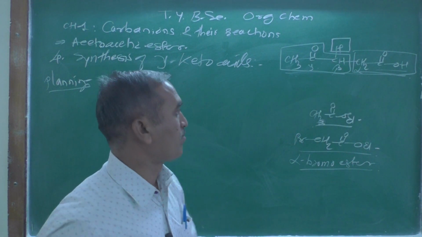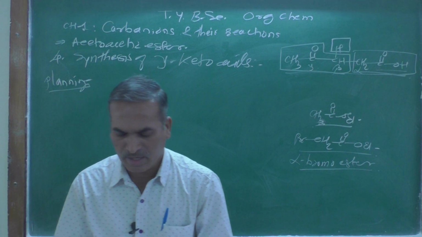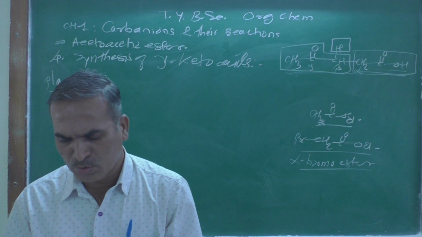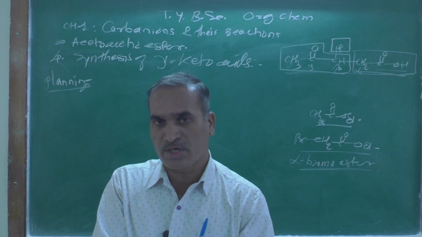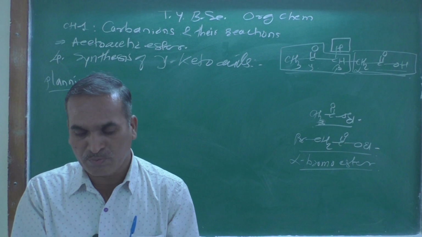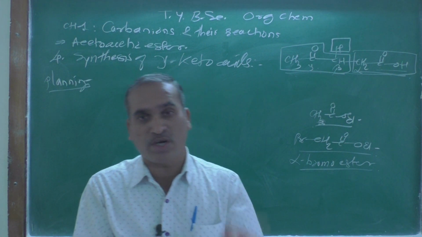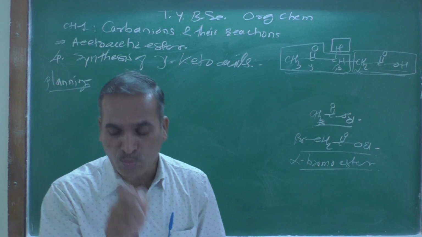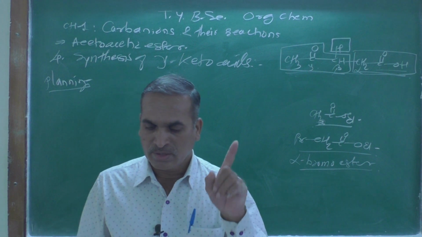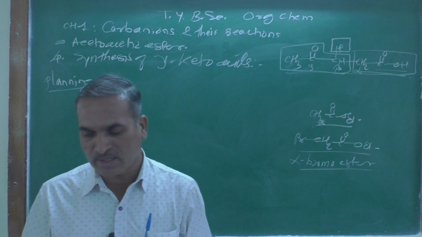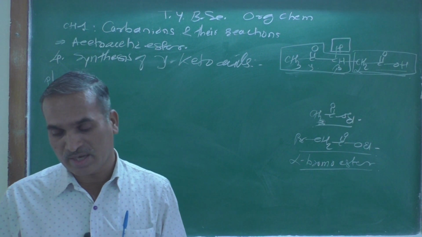And this alpha bromo ester, if we use alpha haloester instead of alkyl halide, we can get gamma keto acid, right?